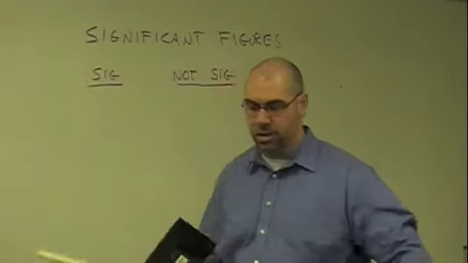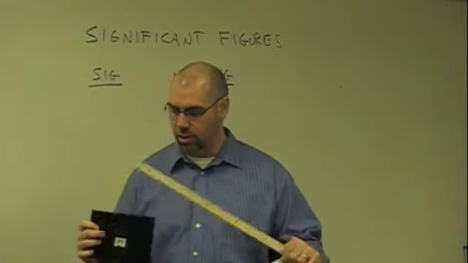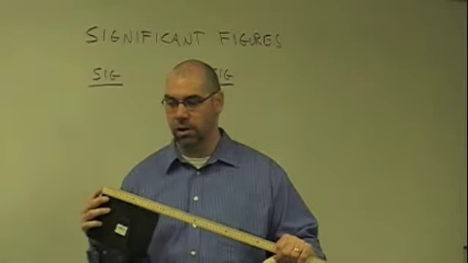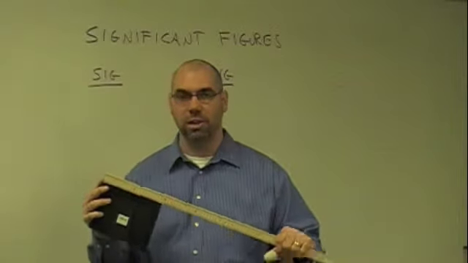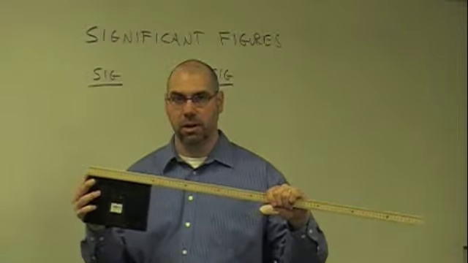Now, if I use a meter stick that's marked to not just the centimeter, which is a hundredth of a meter, but to the millimeter, now I could read this thing to a ten-thousandth of a meter.